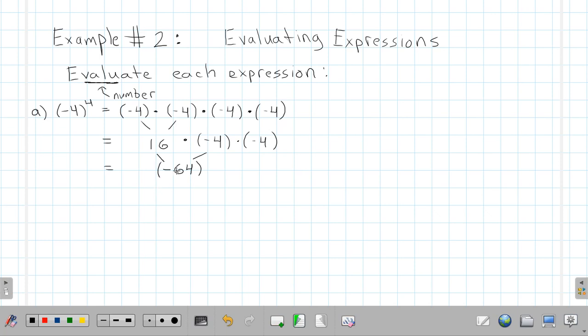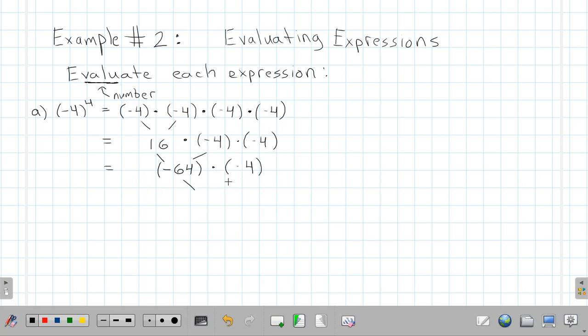Now, where this is negative, it does not hurt you to put that in parentheses because later on, when we're doing more complex things, you really don't want to mistake this negative sign in front of the 64 as a minus sign or a subtraction sign. So where it's a -64, let's put parentheses around it, and we still have the times -4 over here.